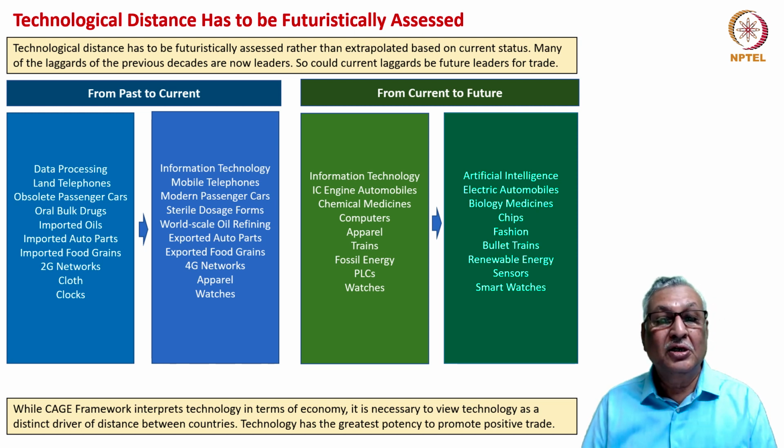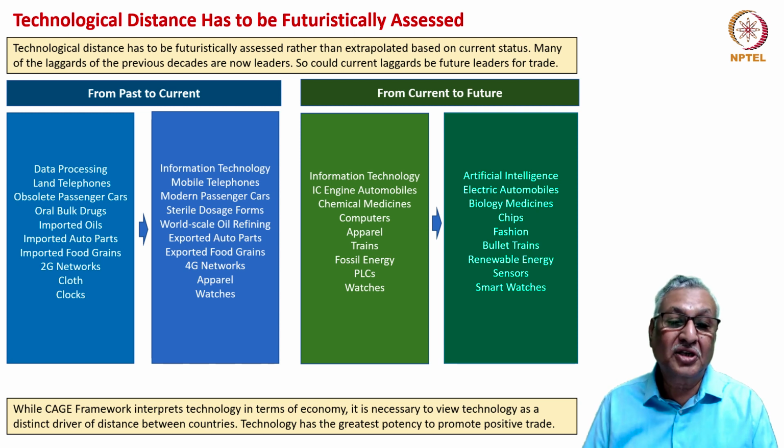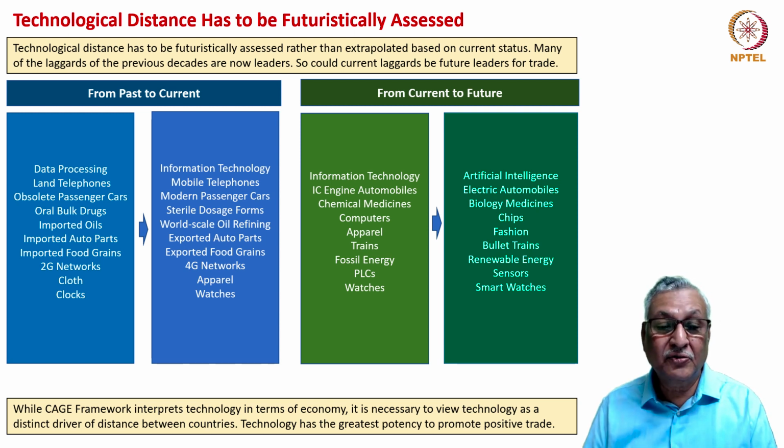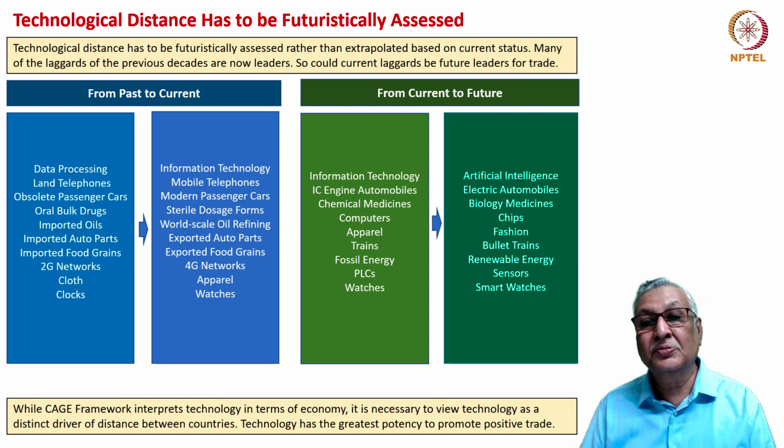But today, information technology, mobile telephones, modern passenger cars, sterile dosage forms, world-scale oil refining, exported auto parts, exported food grains, 4G and even 5G networks, apparel and watches, that is value-added textiles, are the ones which are more prominent in terms of the globalization.